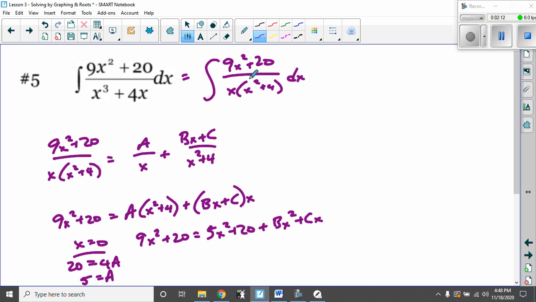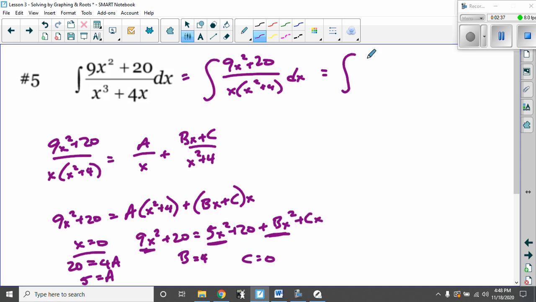Looking at the individual terms, I've got 9x squared on this side of my equal sign, and on this side I've got 5x squared plus Bx squared. So if both sides are going to be the same, B has to be 4. So I have 5x squared plus 4x squared. On this side I don't have any x's, so on this side I shouldn't have any x's, so C has to be 0.